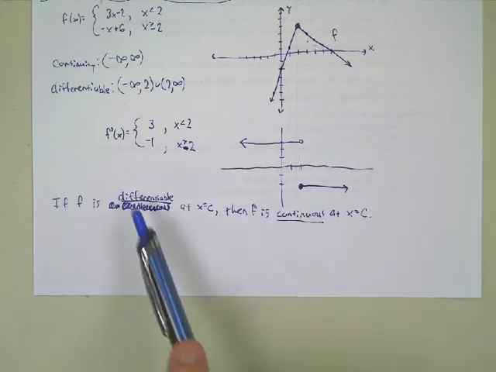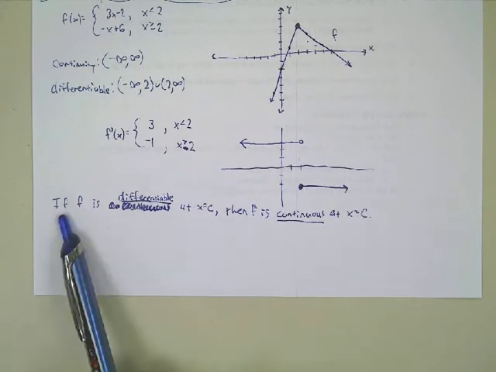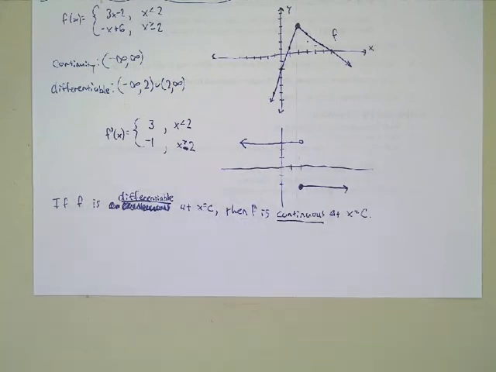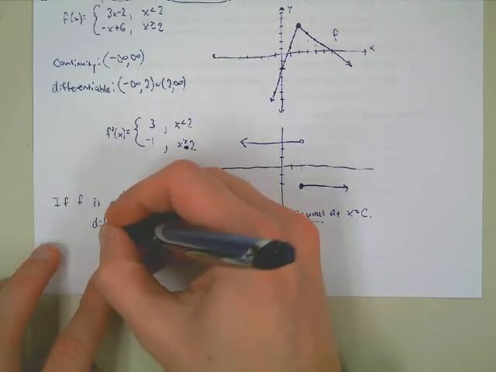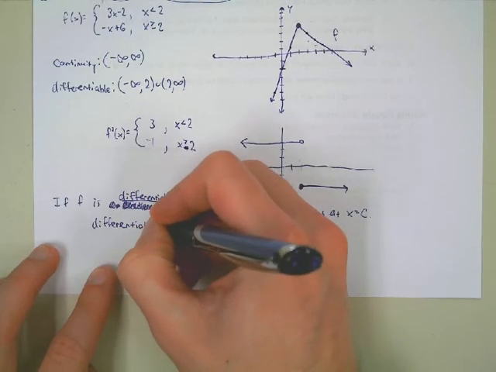So if f is differentiable at x equals c, then we know f is continuous at x equals c. Thus, differentiability implies continuity.